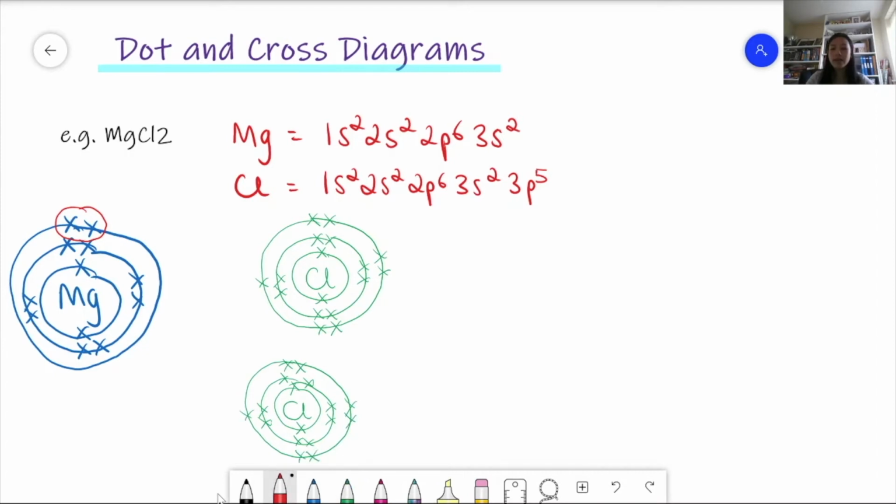So then we can say that one of these electrons gets transferred to 1 chlorine atom. So that's 1 electron, and this is the other electron. And so they both form ions, which then have full outer shells. So these ions then look like this.